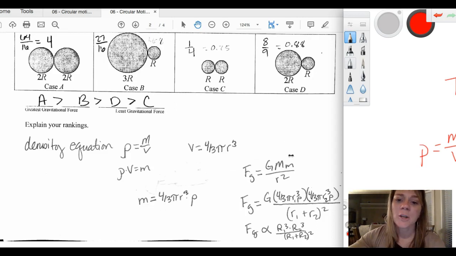So what I did then is I said, well, they want us to rank the gravitational force. So gravitational force is definitely still equal to GMM over r squared.